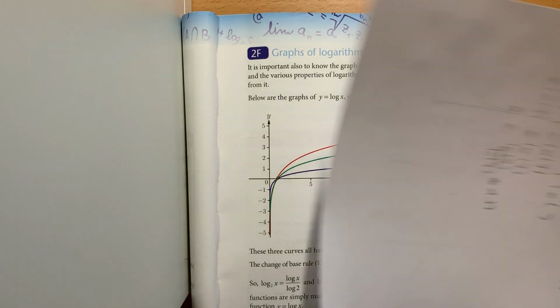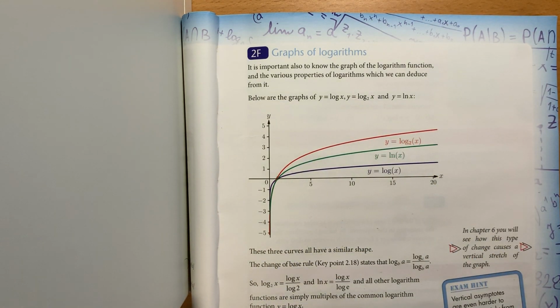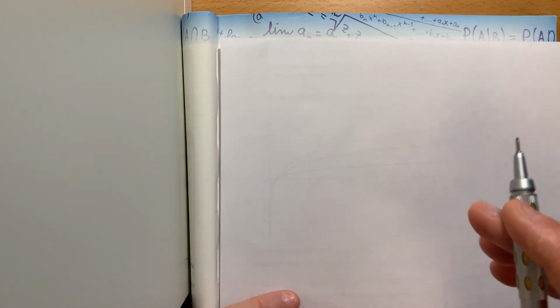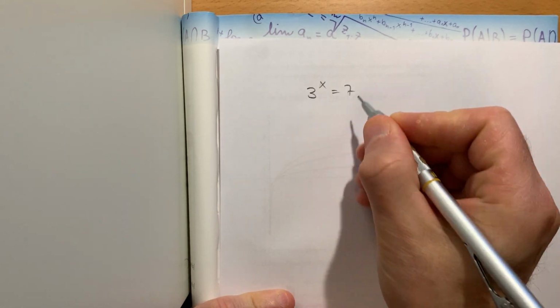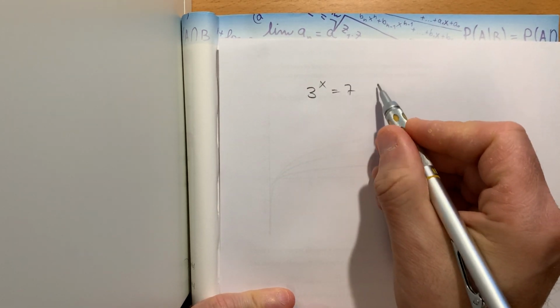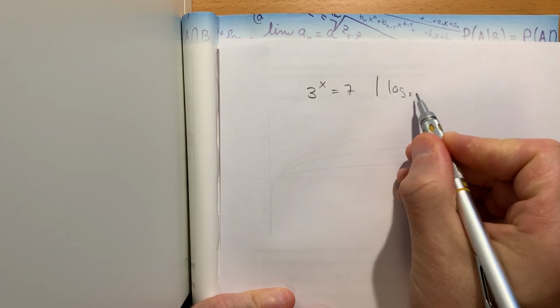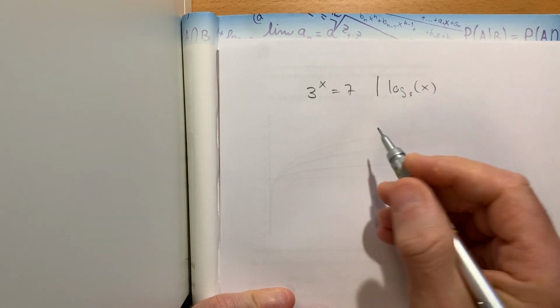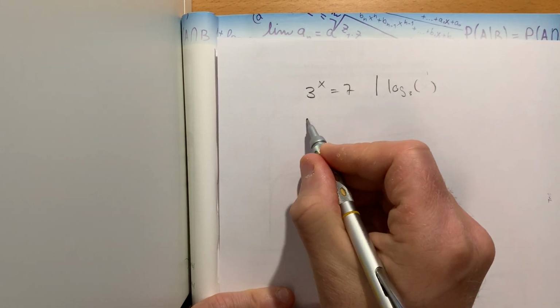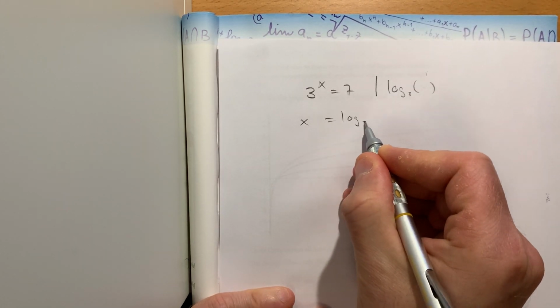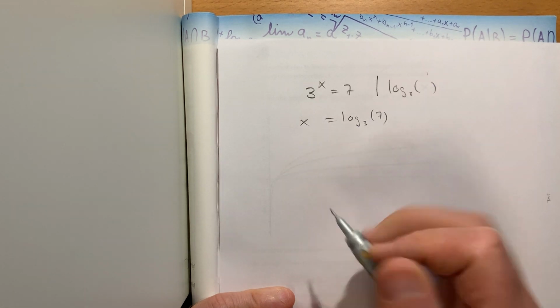So now, just one other thing I would like to talk about. We talked about this already. If you want to solve something like this, you could use the log to the base of 3 of x, or just the function. Well, then you get x is log to the base of 3 of 7.